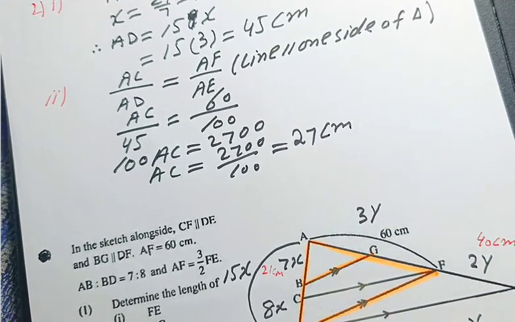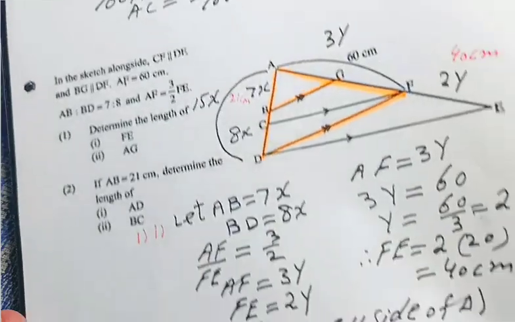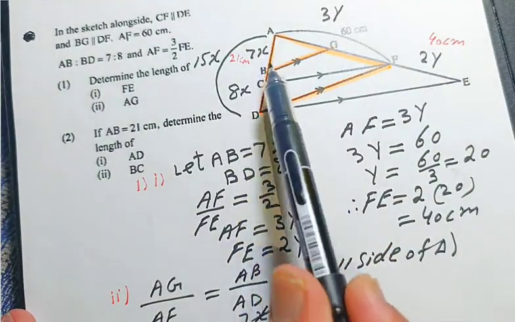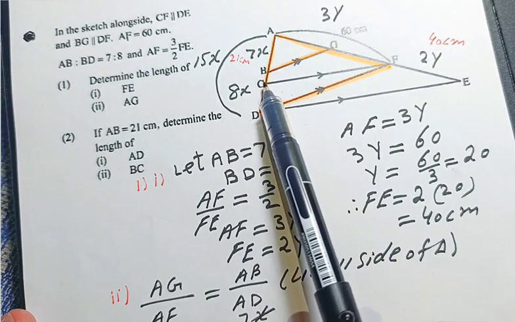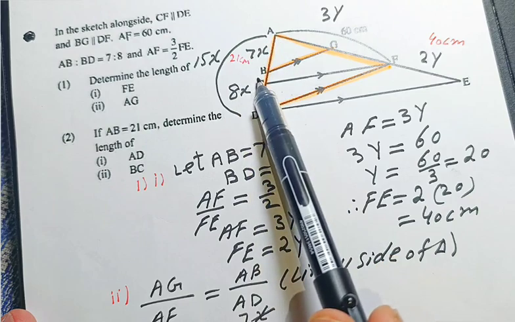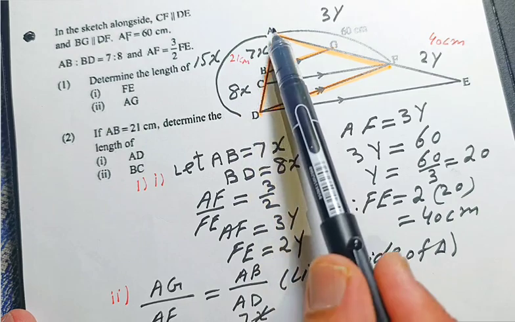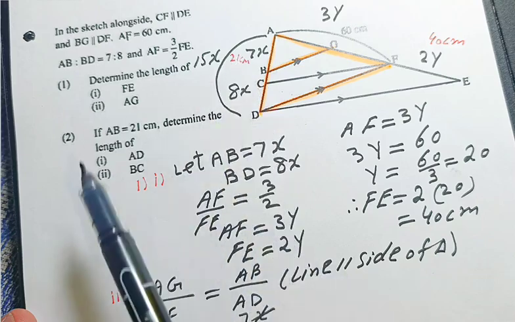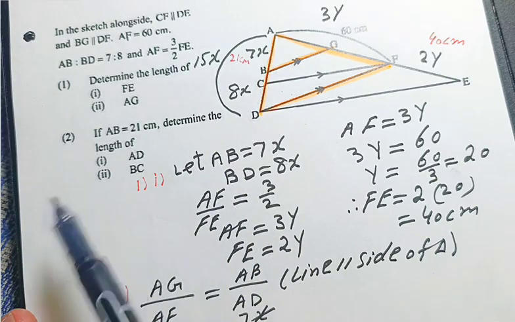The question is easy. Now we need to find the BC. Have a look here. We have AC as 27, and the AB we got 21. So the BC is going to be 27 minus 21, which is 6.